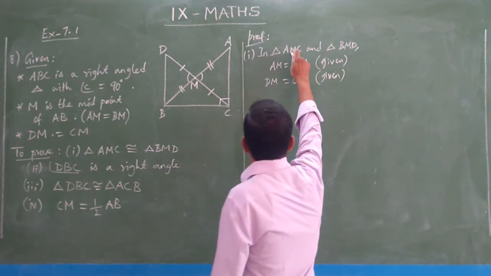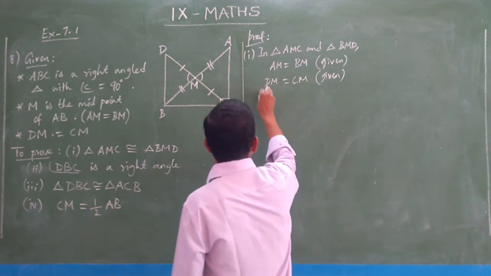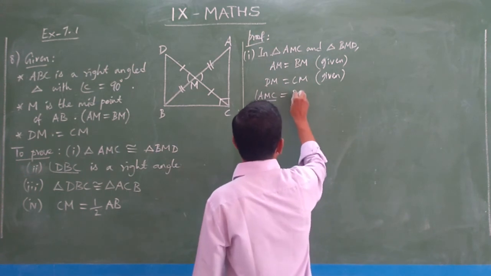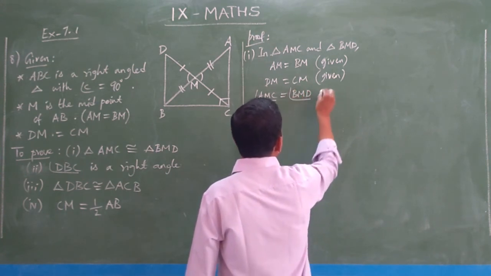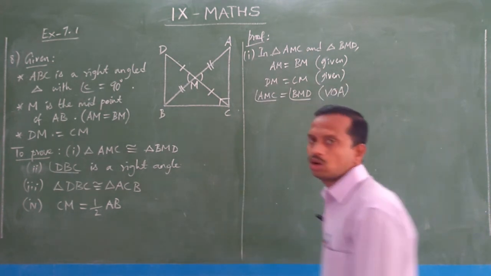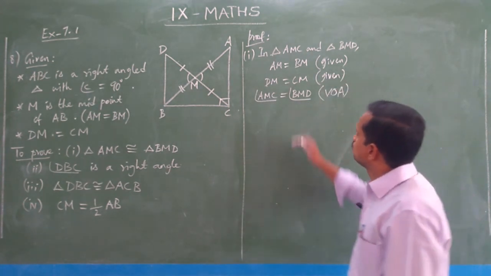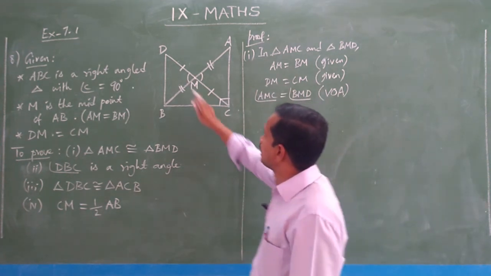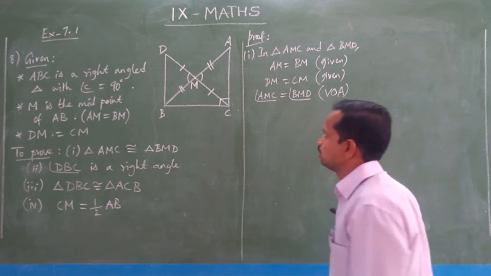So first in triangle AMC, we take angle AMC equal to angle BMD. The reason: vertically opposite angles, VOA. So two pairs of sides and one pair of angles, and this angle is the included angle. So we can say SAS.